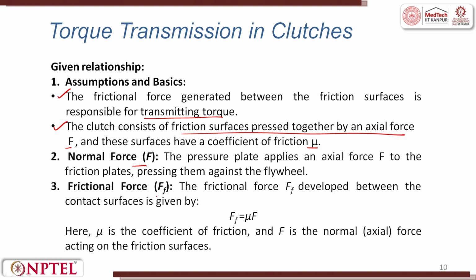Frictional force is Ff. The frictional force Ff developed between the contact surfaces is given by Ff is equal to mu into F. If you recall, mu was friction force by normal force. Here normal force is F, frictional force is Ff. Here mu is the coefficient of friction and F is the normal axial force acting on the friction surfaces.